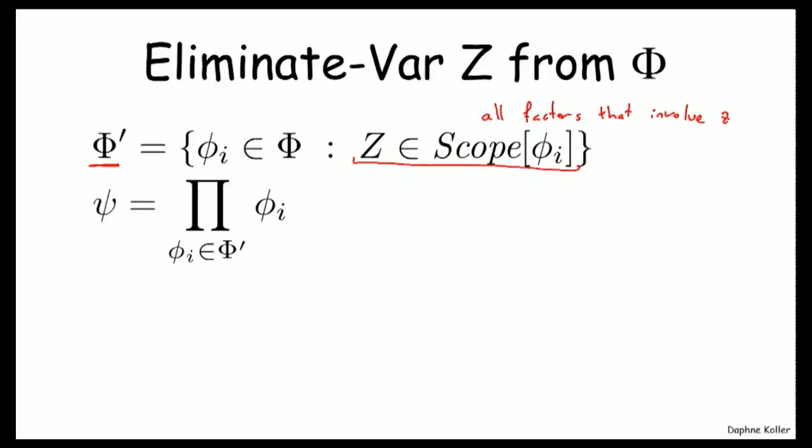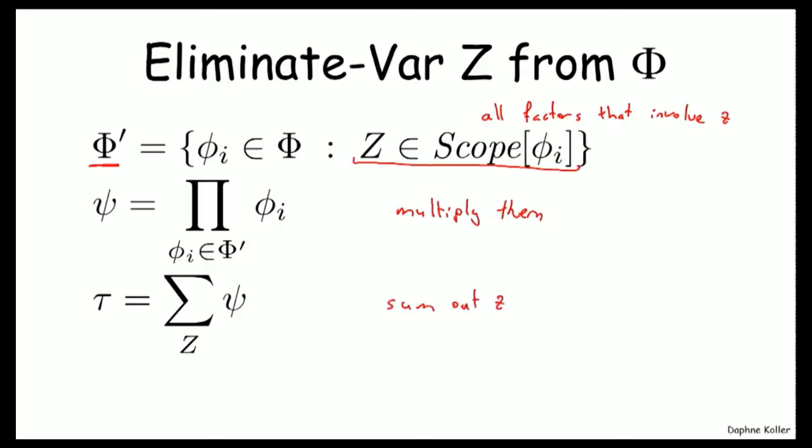We take all those factors and we multiply them, and then we sum out the variable Z, which is the one that we want to eliminate.